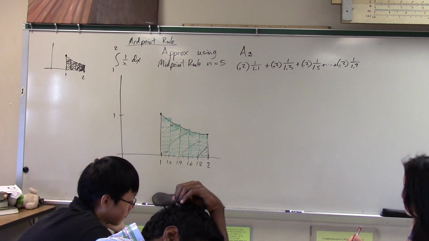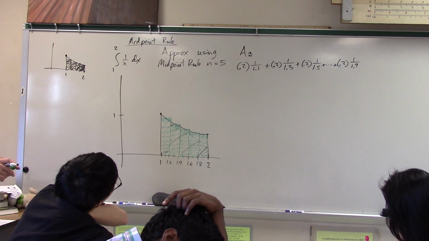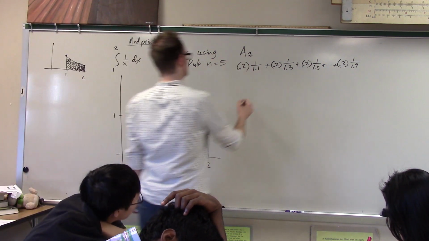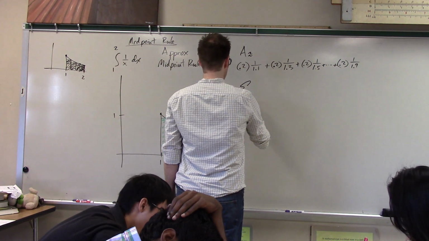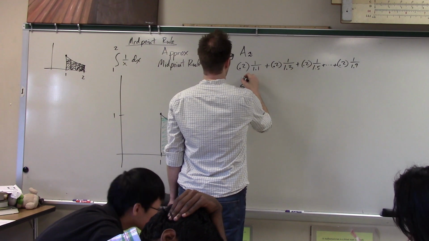All right, so can somebody write this out in sigma notation? It's actually a little bit hard. It's not hard, it's just a little kind of computer sciencey thing where you have to think about what you're doing.